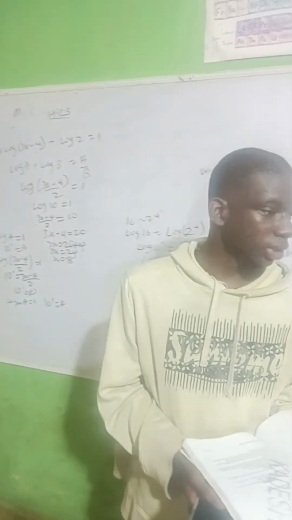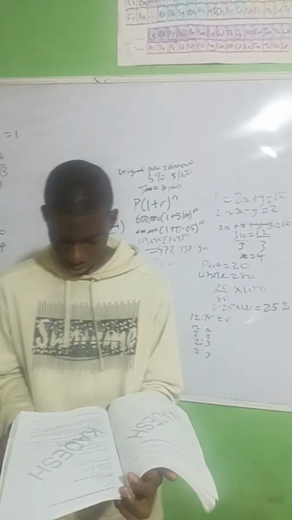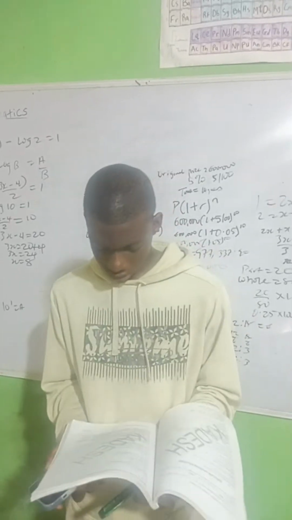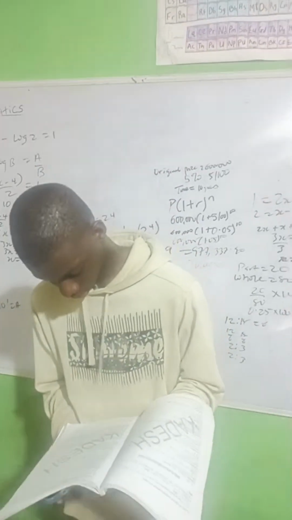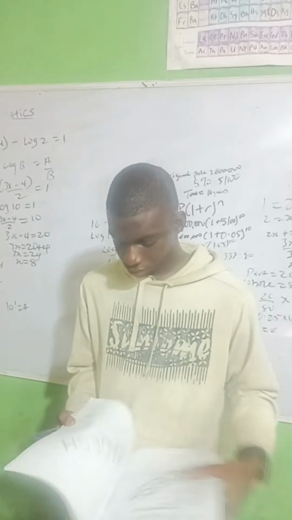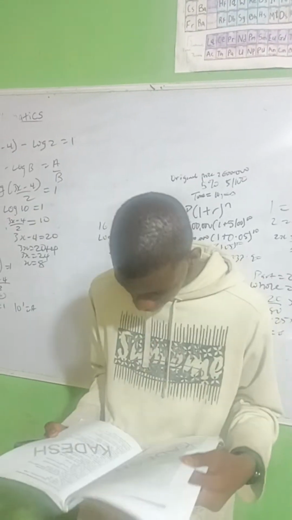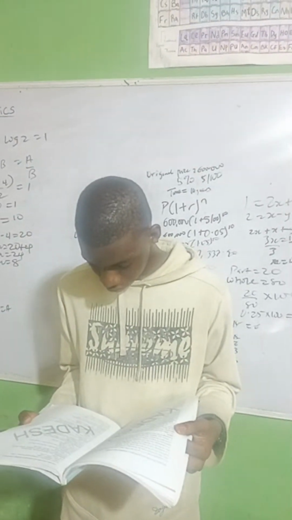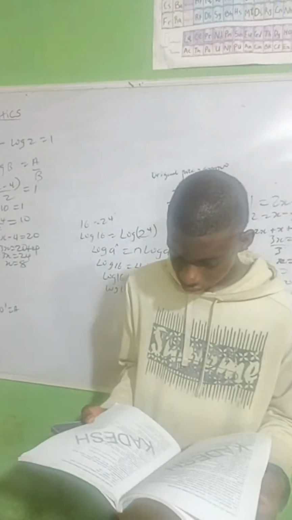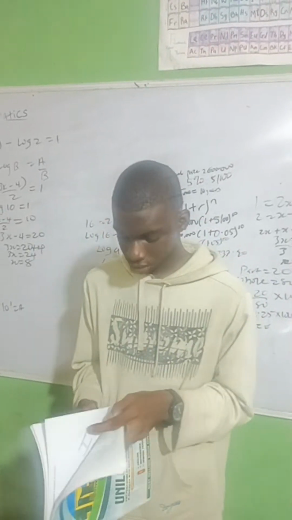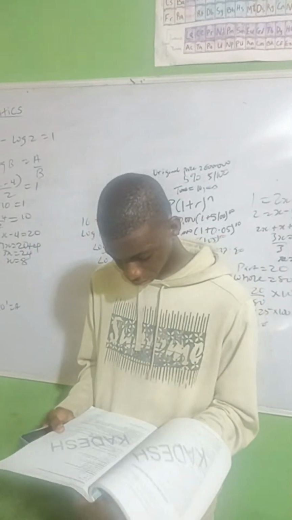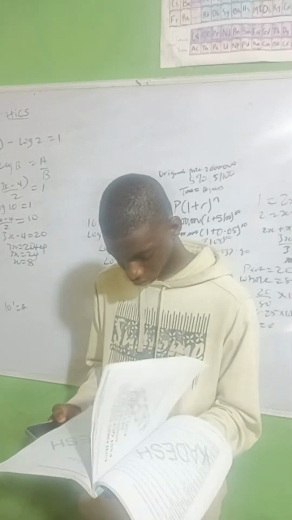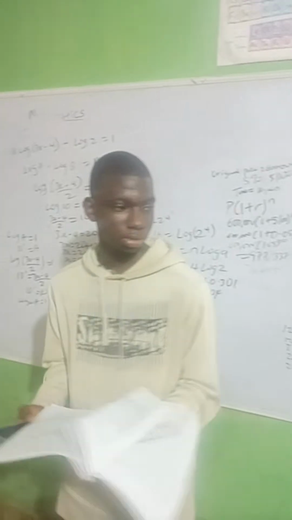If 10% of a number is subtracted from it, the result is 1,800. Then what is the number? How did you get 1,800? What's your answer?